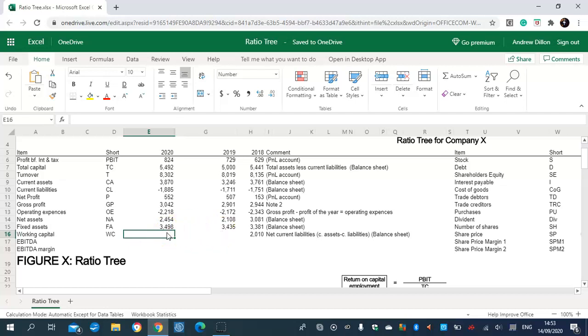So let's start off. That's the correct answer. Now I'm going to calculate the EBITDA.